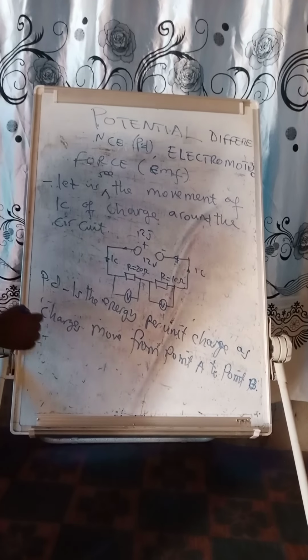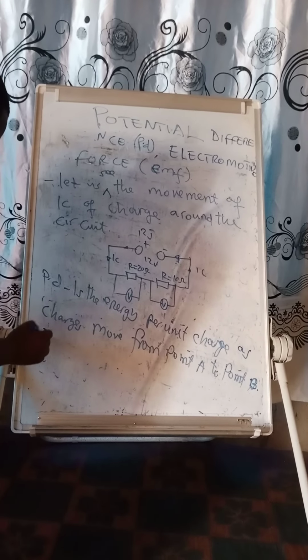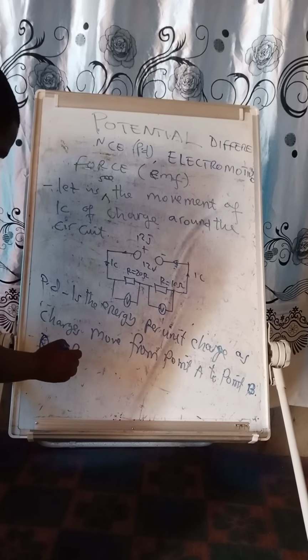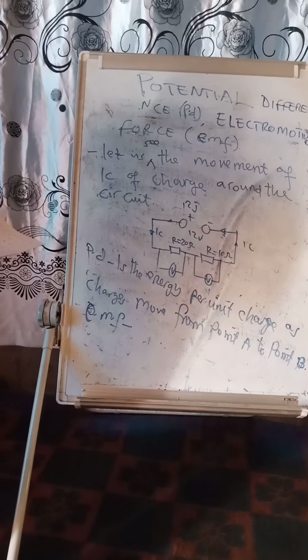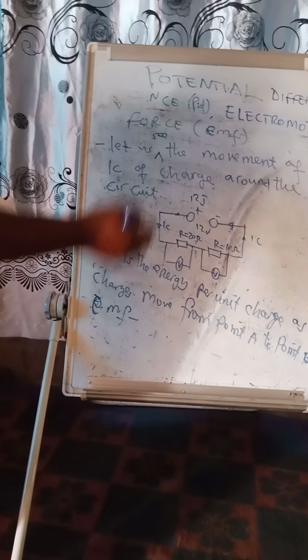So e.m.f is the total work done on a unit charge when the charge flows around the complete circuit.